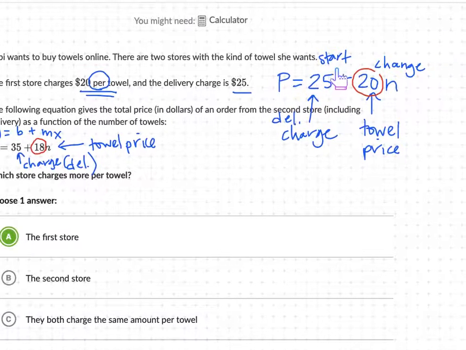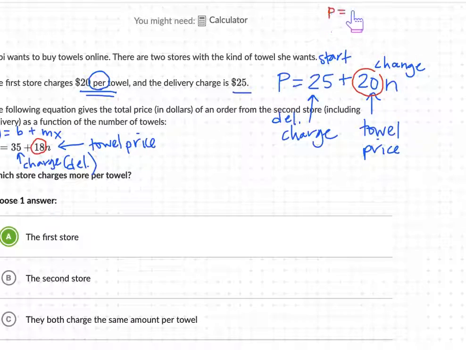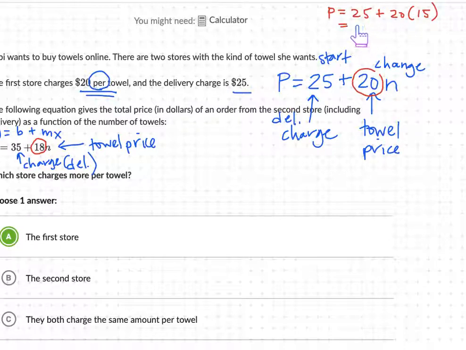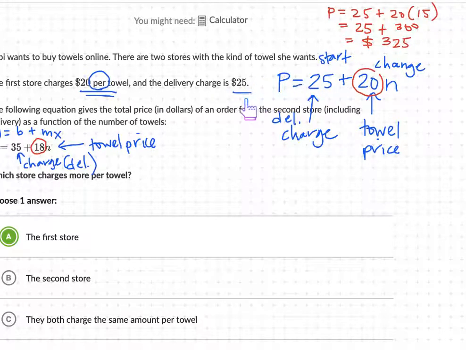So for the first equation, P equals 25 plus 20 times the number of towels, we know it's 15. So then all I have to do is just solve this problem. Let's see, 15 times 20, I'm going to need to solve first, and that's 300. So at the end, for 15 towels, she's going to spend $325 at the first store.